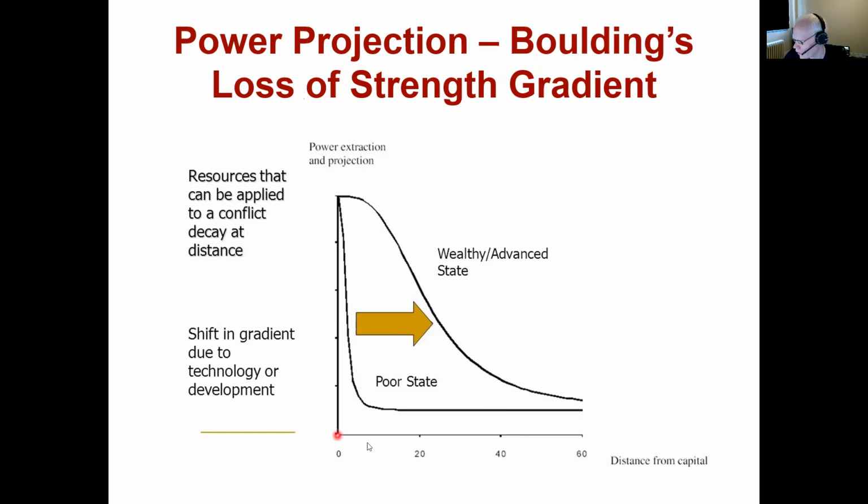Along here we have distance. So the further you are from home, the less power you're able to project with a certain amount of resources. So for any given amount of resources, you need more of them further away.